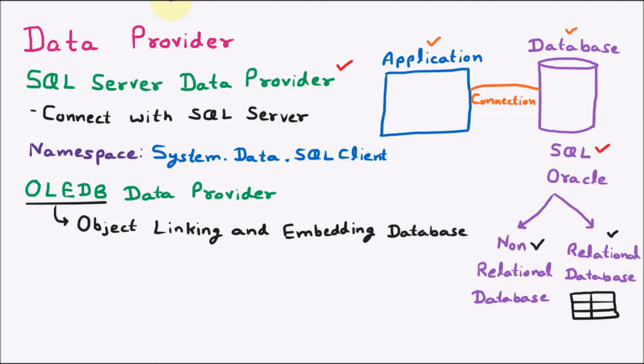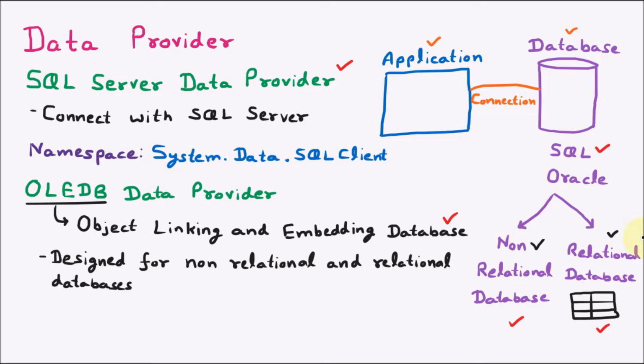If we want that there should be a data provider which can connect with non-relational as well as relational databases, then we are having the answer, that is Object Linking and Embedding Database, or OLEDB Data Provider.